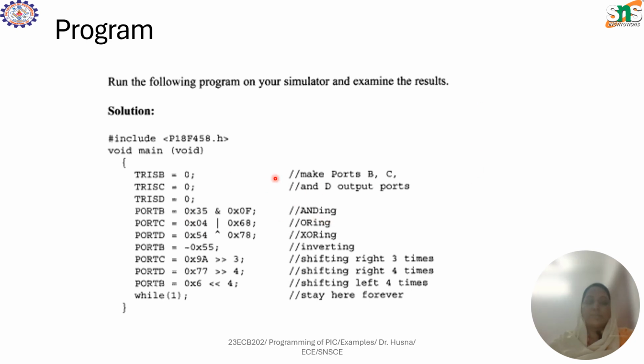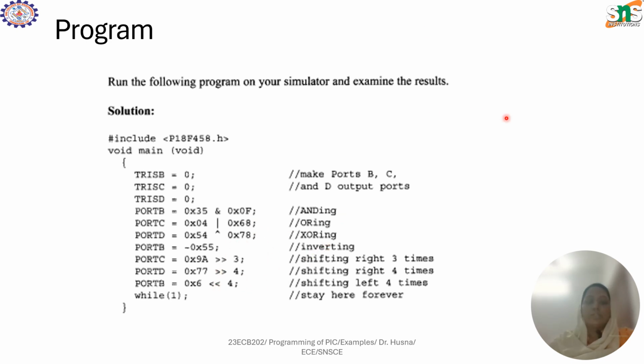You can see there is a bitwise AND operation of 35 and 0F. Performing this bitwise AND, we are going to mask only the lower 4-bit value. Similarly, I have done this for R value 0x04 and 0x68, which ensures this will mask with the remaining values.